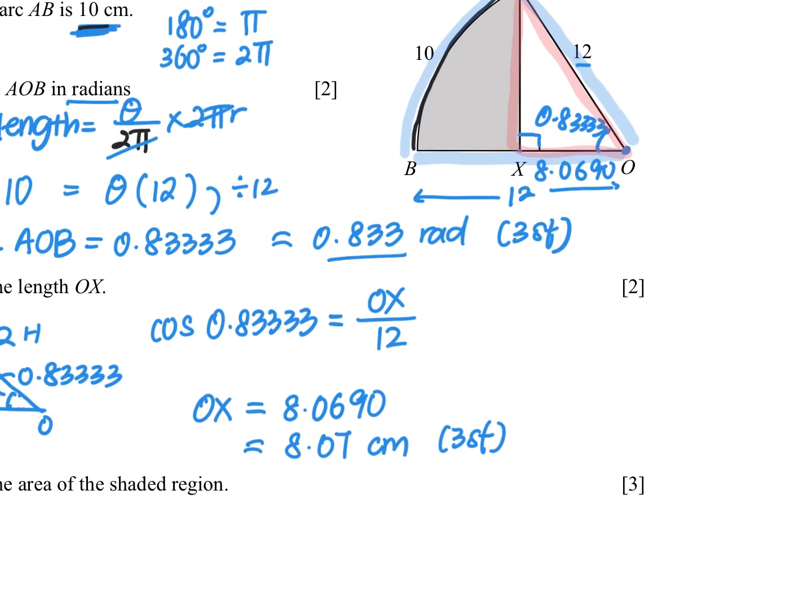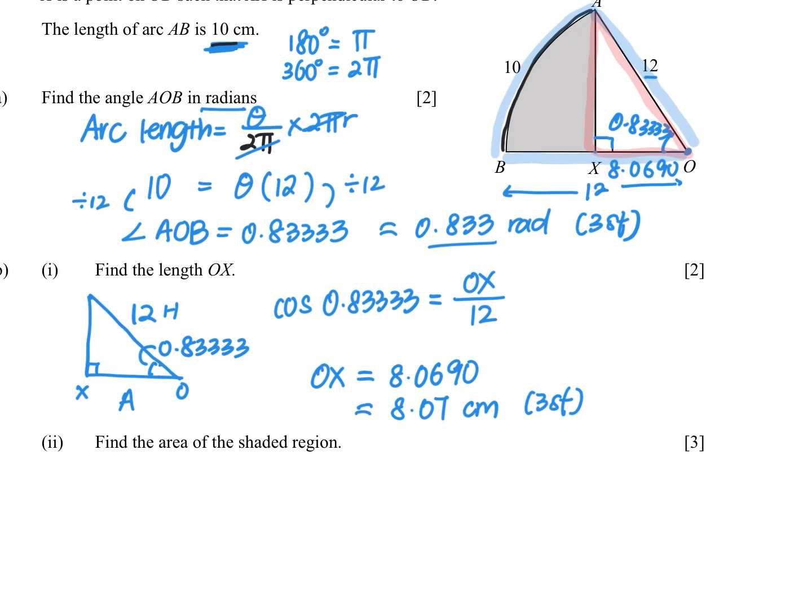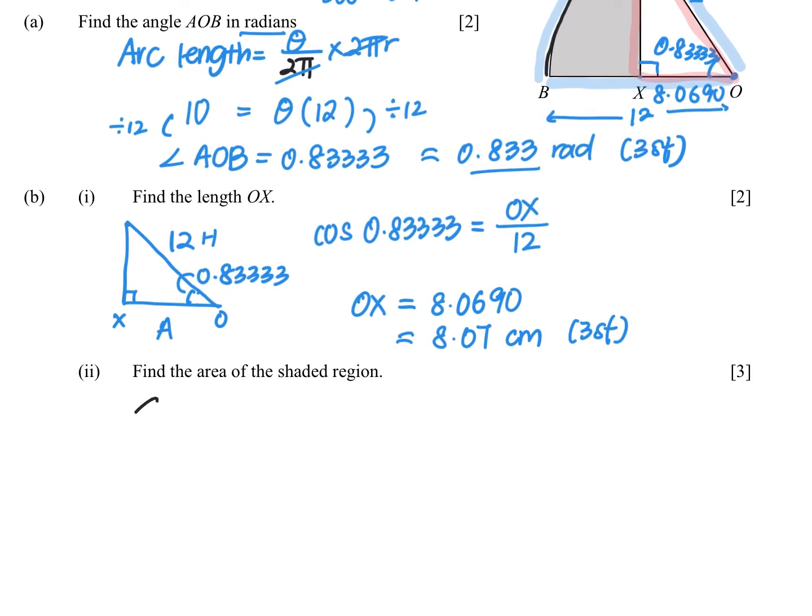So that means, technically speaking, area of the shaded figure, I need to find the whole big piece first. Let me draw this out. So this sector minus the area of the small triangle over here.